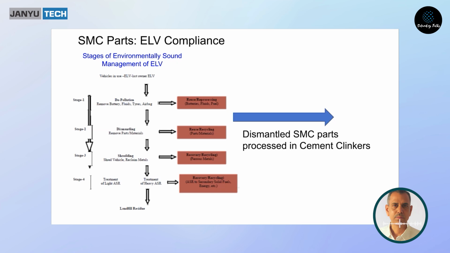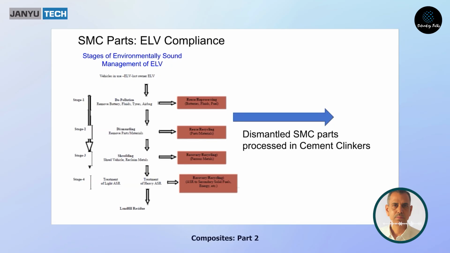There are more than 4 million parts based on the recyclate of SMC, and not only SMC, any composite product, which are ground to a certain particle size and used at a certain percentage in the fresh formulation. There are more than 4 million parts on European roads which contain these recyclates.